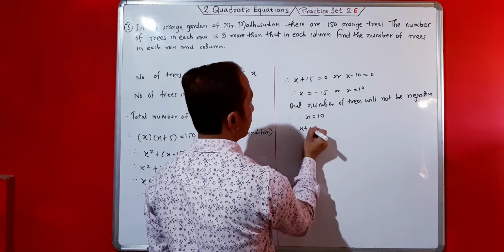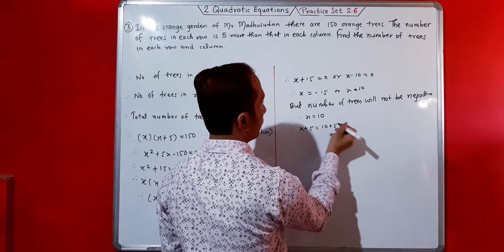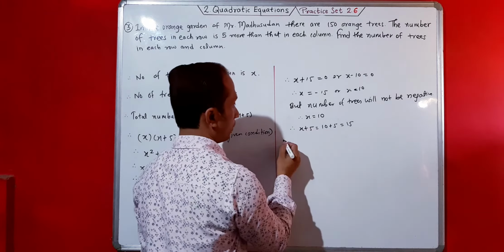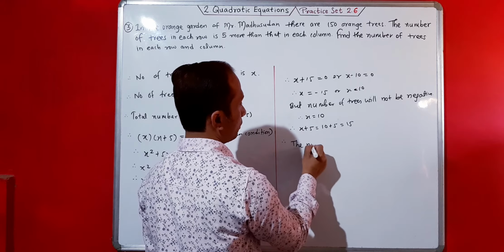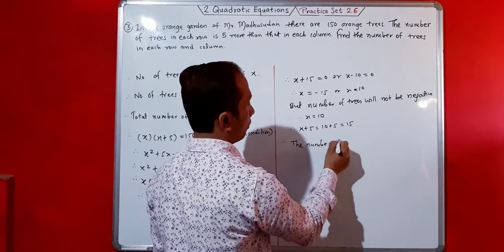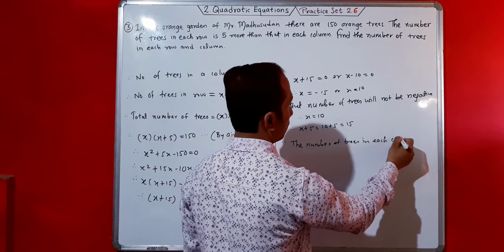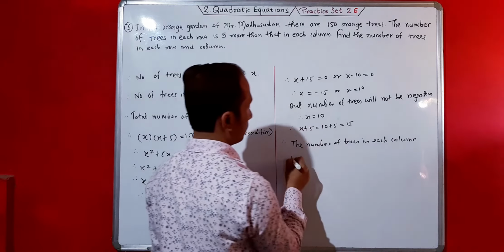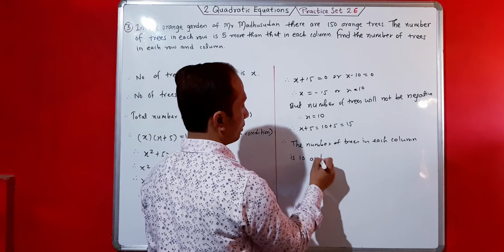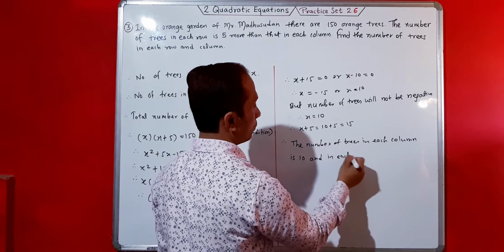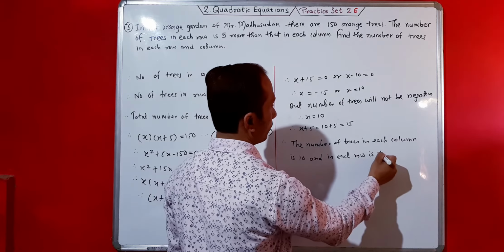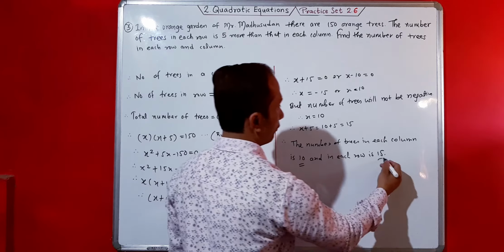Therefore x plus 5 is equal to 10 plus 5 is equal to 15, okay. So the number of trees in each column is 10 and in each row is 15, okay. 10 into 15, you'll get 150, okay.